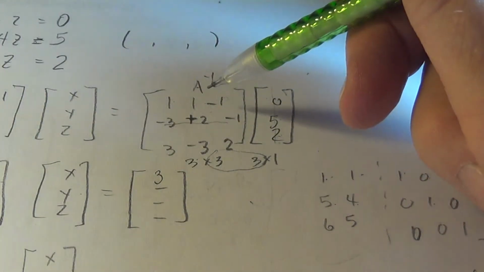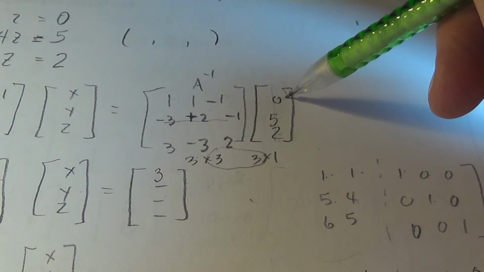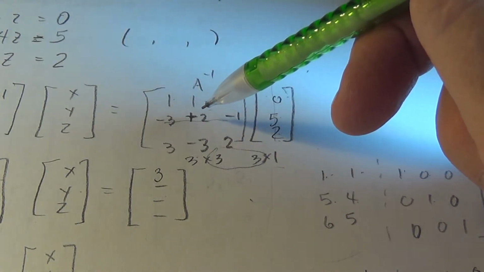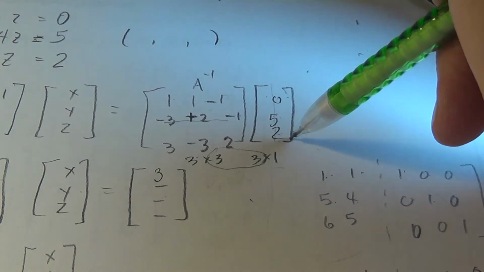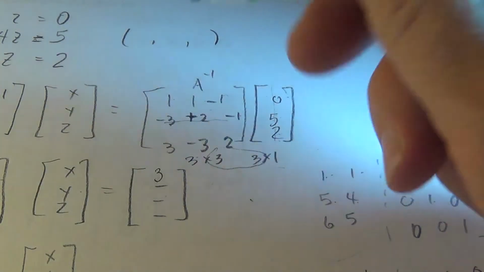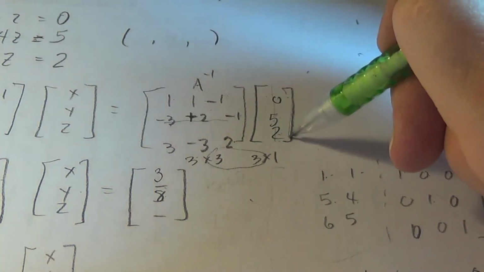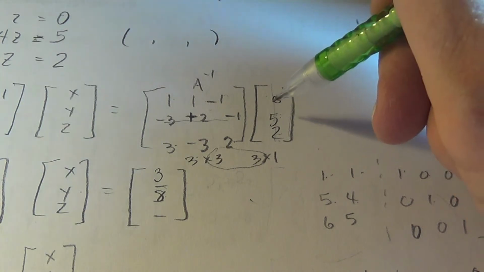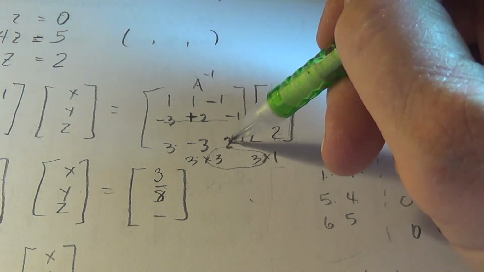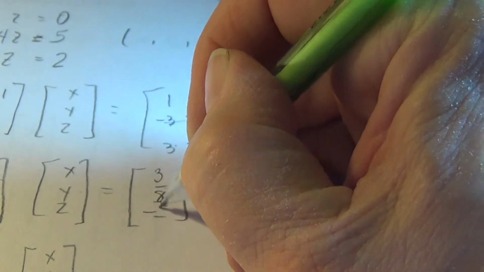All right, I did this earlier, that's why I knew it didn't come out right here. -3 times 0, 0 plus 2 times 5 is 10, minus a 1 times 2 gives me an 8, and that is correct. And the last one, this row and this column, 3 times 0, 0, minus 3 times 5, minus 15, plus 2 times 2 is a -11.